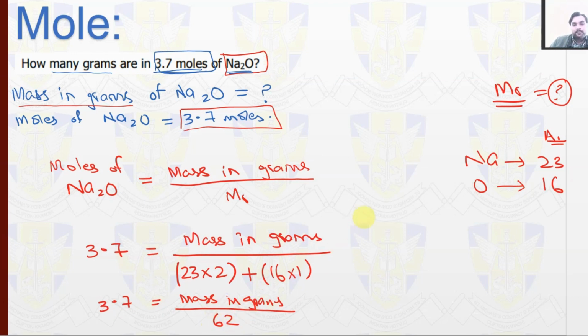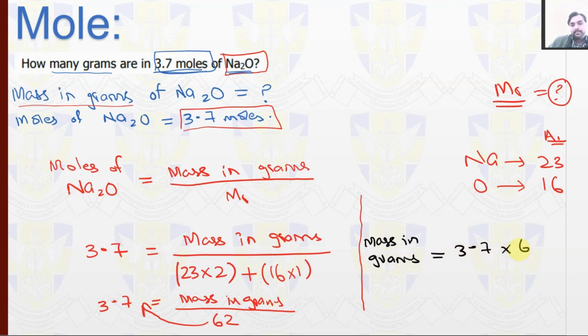Now in order to calculate the mass in grams, you have to cross multiply. The 62 will go to that side and cross multiply, and then you'll get your answer of mass in grams, which is 3.7 multiplied by 62.